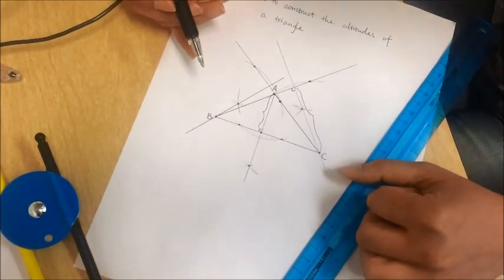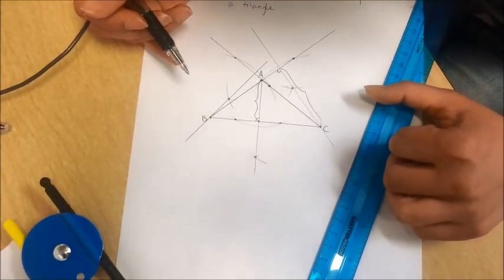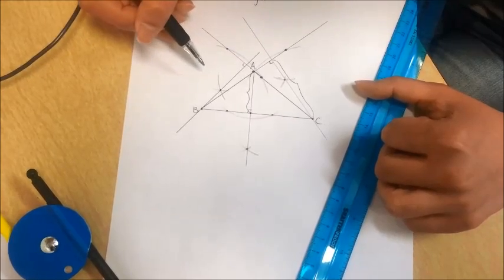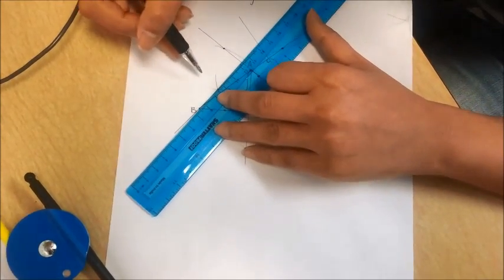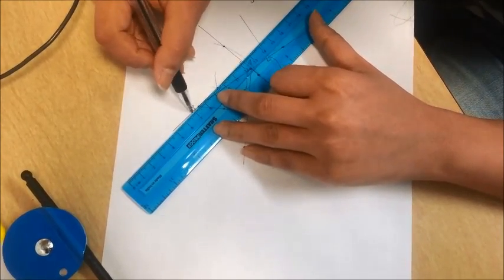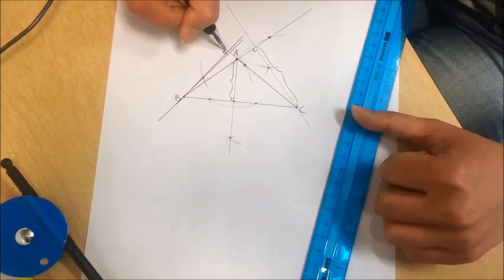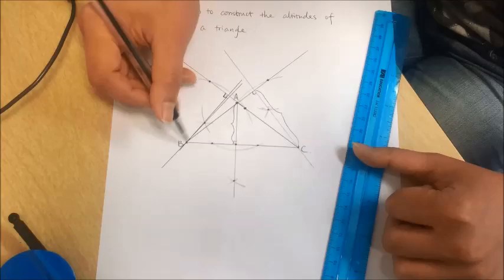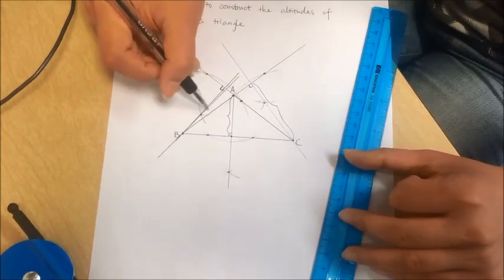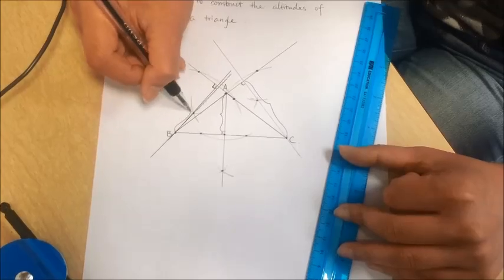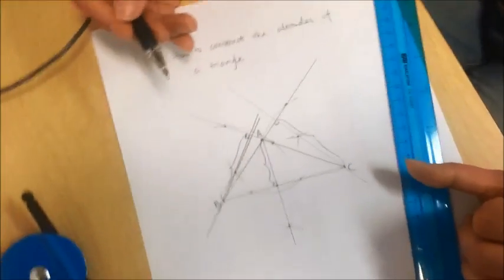It doesn't look right, right? I probably did something wrong, I'm not sure. Yeah, this one is right. Try to make sure that you're passing through your points. Ignore that part. Now this is the third altitude of our triangle.